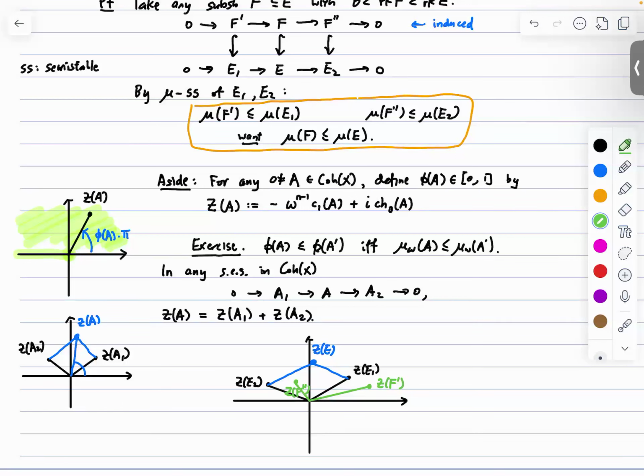And now I need to add these two vectors. So let's say here's their sum. So this would be z of f.